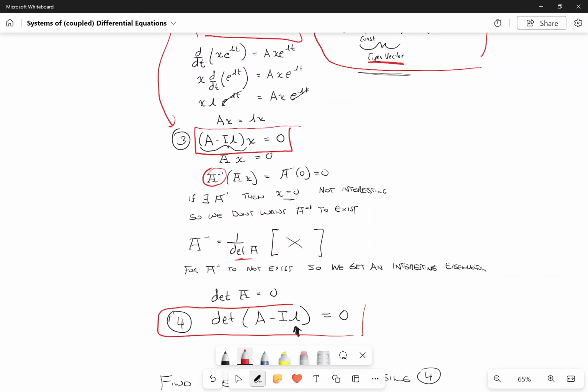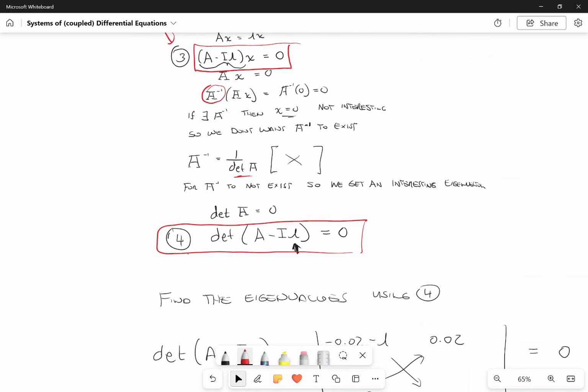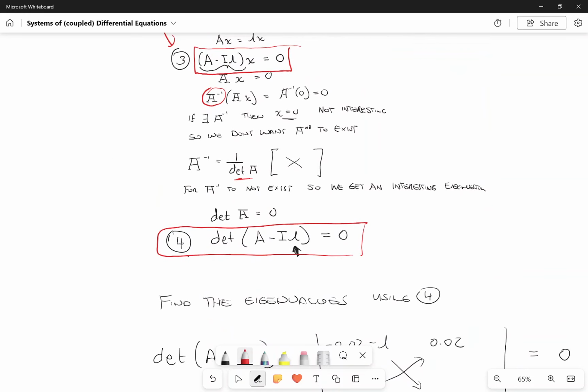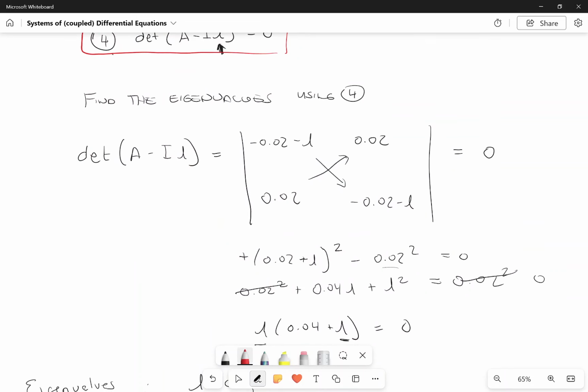And we did this before when we studied eigenvalues and eigenvectors. To solve the equations, I need to solve for the lambdas using equation 4, then plug them into equation 3 one at a time. We solve for the eigenvalues by taking the determinant of A minus I lambda and setting it equal to 0.